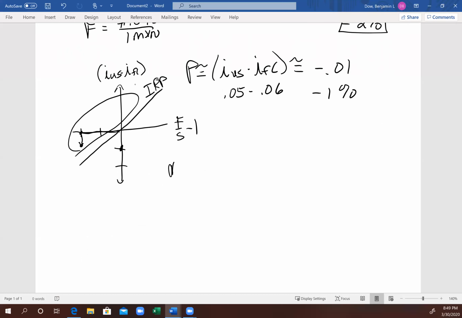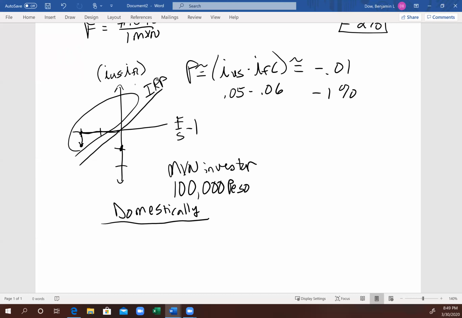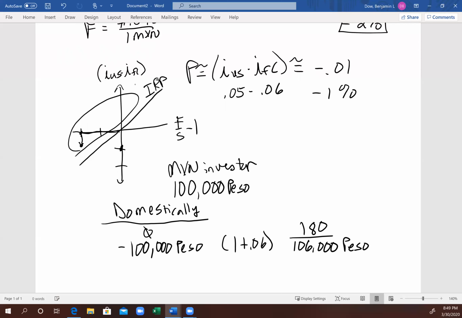If we gave the Mexican investor 100,000 pesos, and if he invested domestically, then he would have 100,000 pesos, and 180 days later, he would have earned 6% investing locally, and he would have had 106,000 pesos.